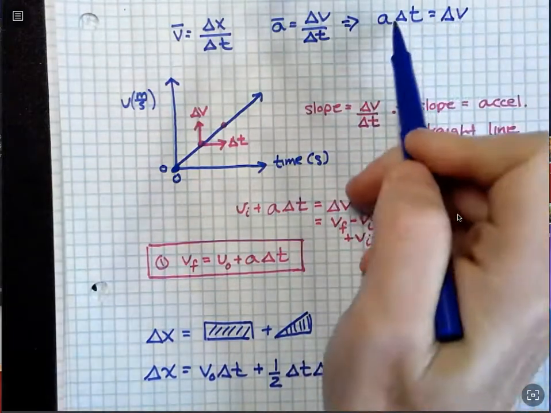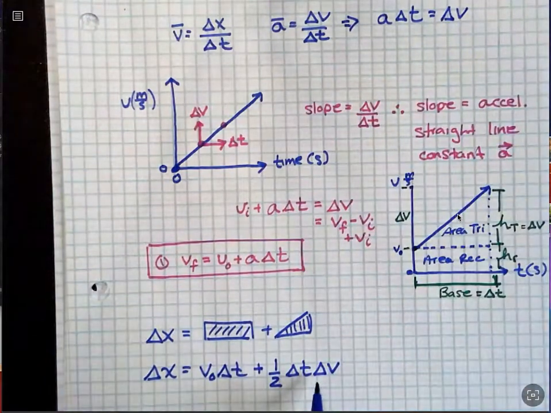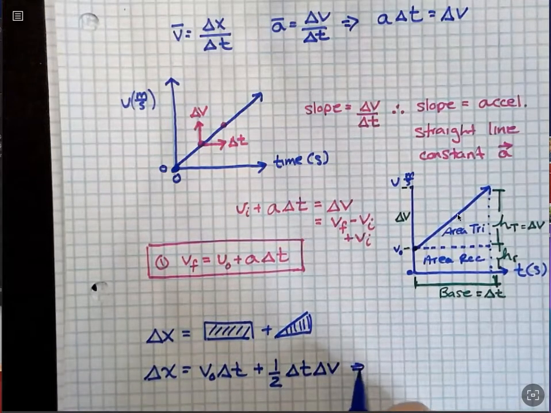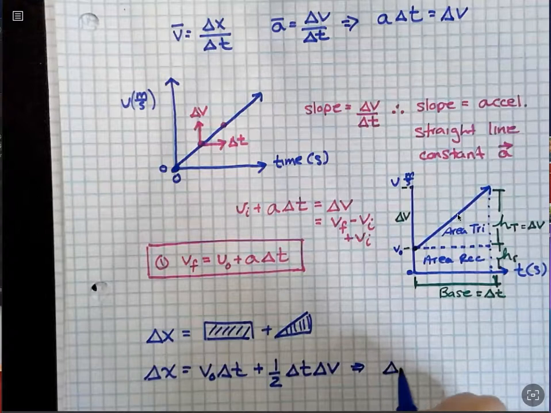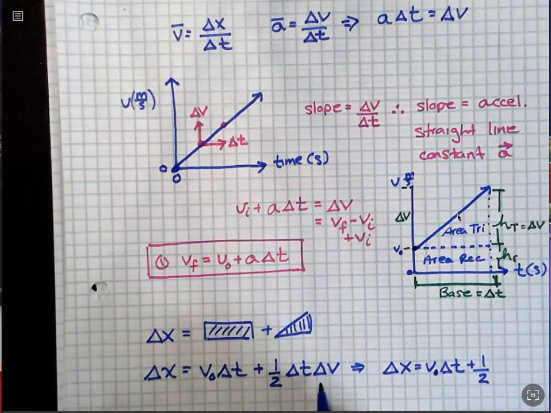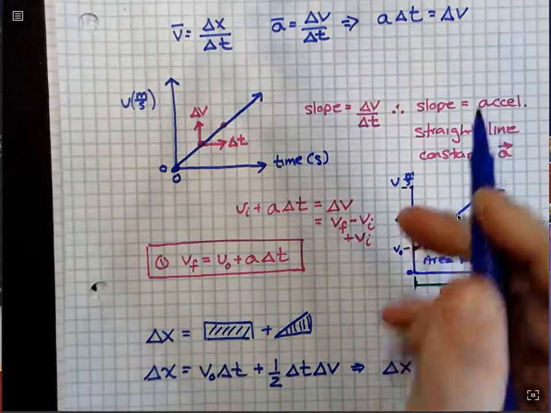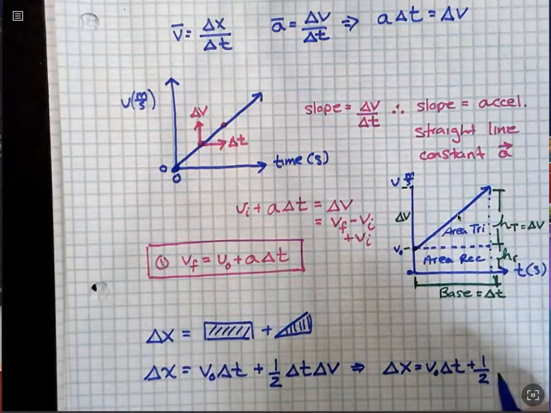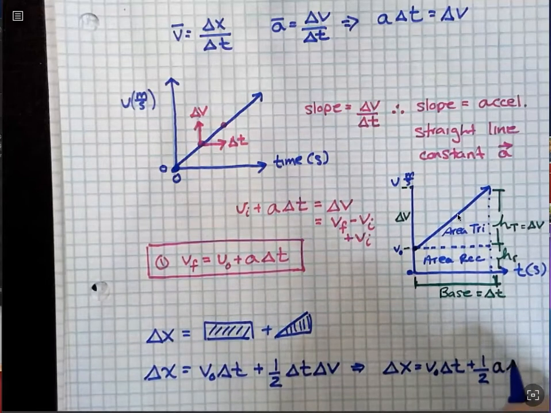And since a delta t is delta v, I can plug it into this equation here. Just going to rewrite the whole thing now. We'll get delta x equals v naught delta t plus 1/2. Well, delta t stays, and I'm going to substitute an a delta t. Now I have two delta t's and an a, so that's an a delta t squared.